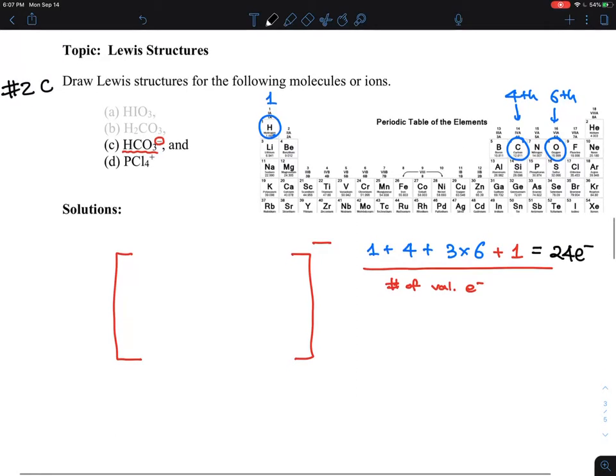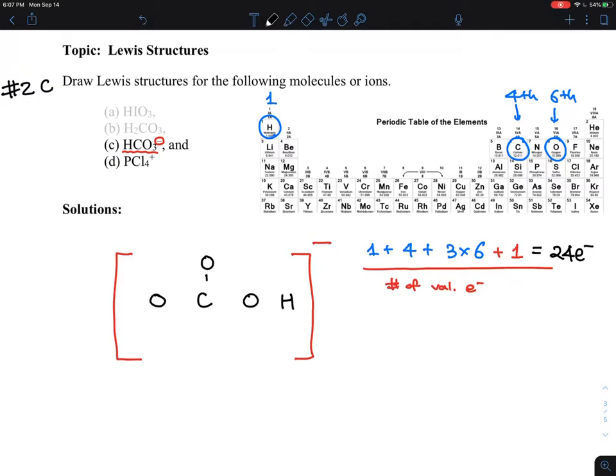So therefore, once again, something that is non-oxygen, non-hydrogen goes in the middle. So I'm going to put carbon here. And then the oxygens, there are 3 oxygens, so let me put an oxygen on top this time. And then hydrogen, I'll put hydrogen on here. So I just arrange the atoms.